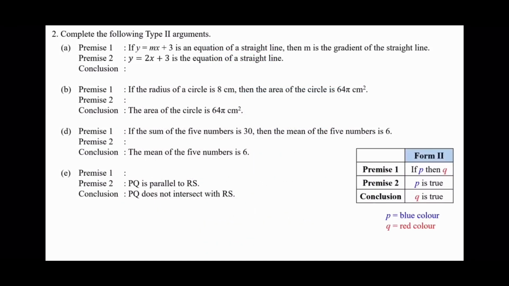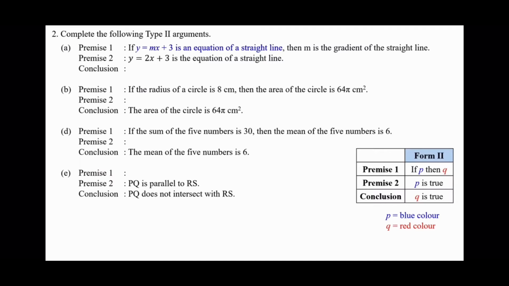In form 2, we use a blue color for P for premise 2, and we use a red color for the conclusion.